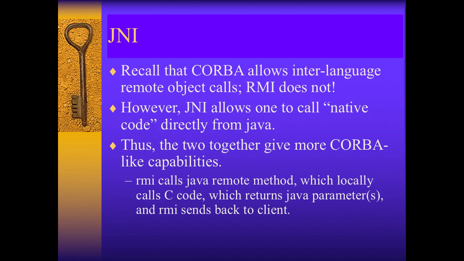RMI gives you the native protocol for invocations, but one thing I'd like to focus a little bit on is a direct call to native code from within Java, and this gives you a CORBA-like capability without having to deal with the internet TCP/IP stack.